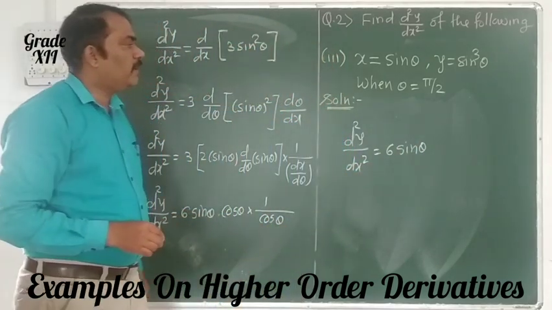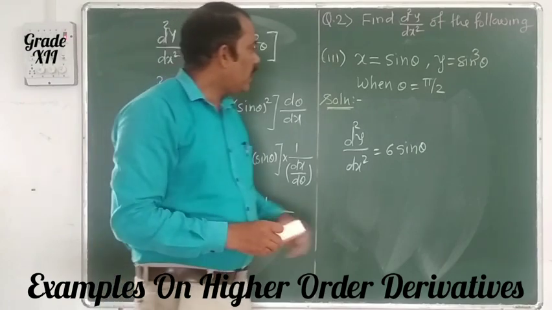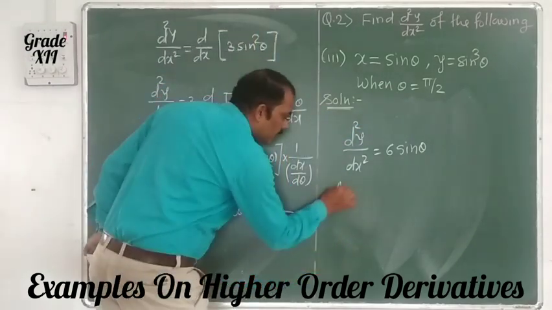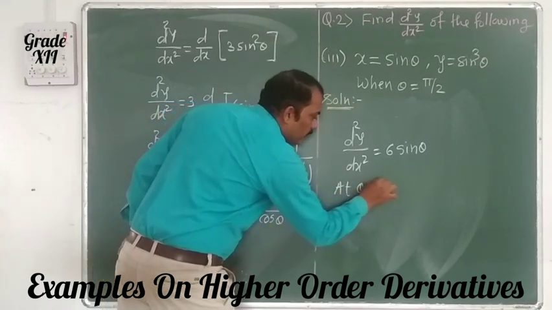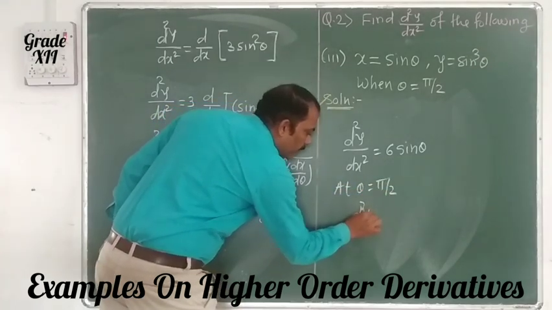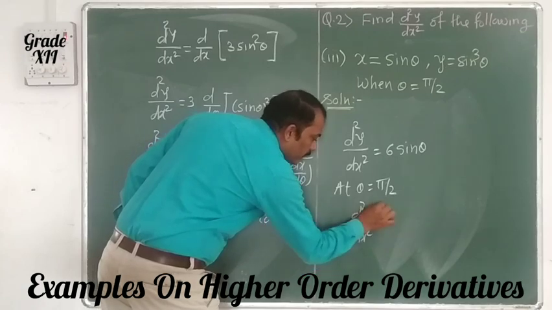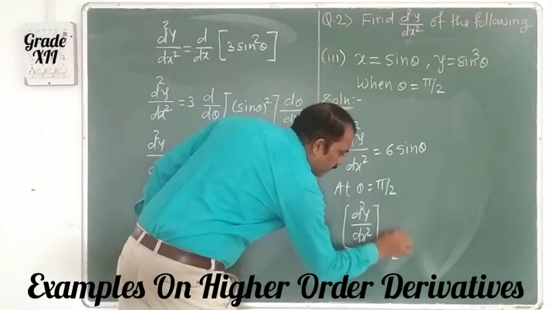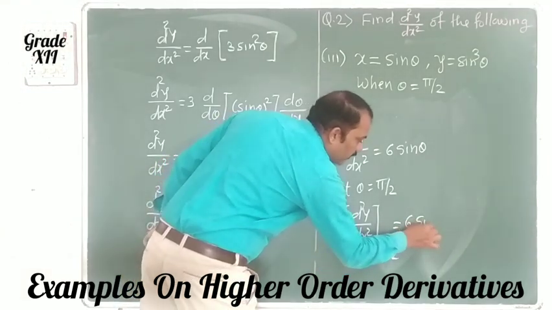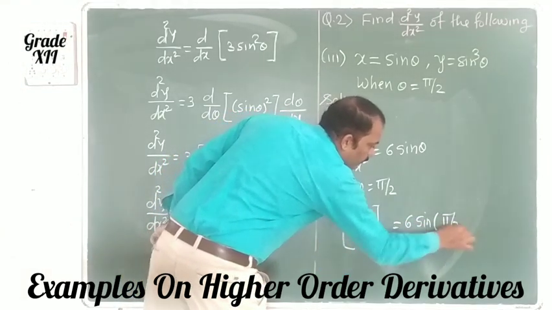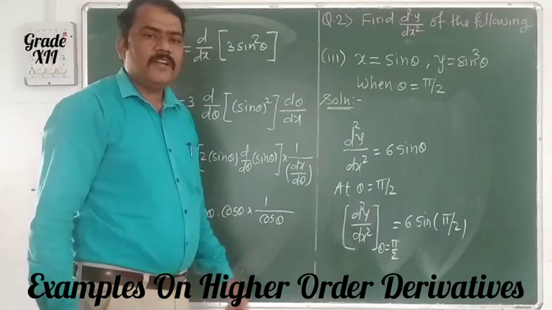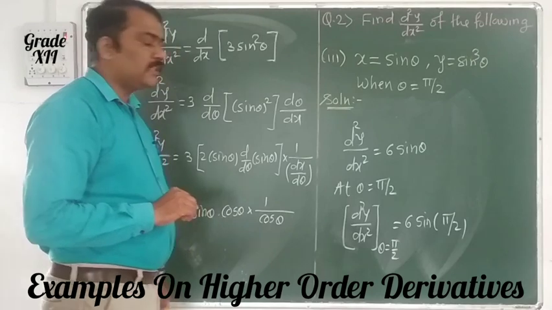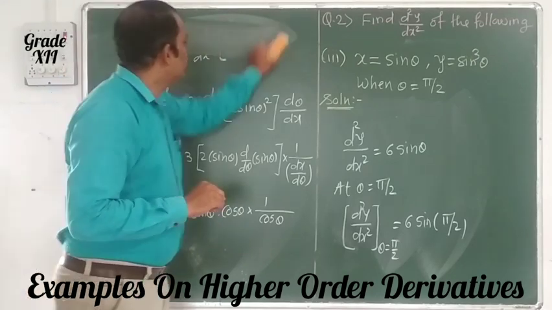But we have to find the value of d2y by dx square at theta is equal to pi by 2. So at theta is equal to pi by 2, d2y by dx square is equal to 6 into sin of pi by 2. What is the value of sin pi by 2? Yes, correct. Sin pi by 2 is nothing but 1.